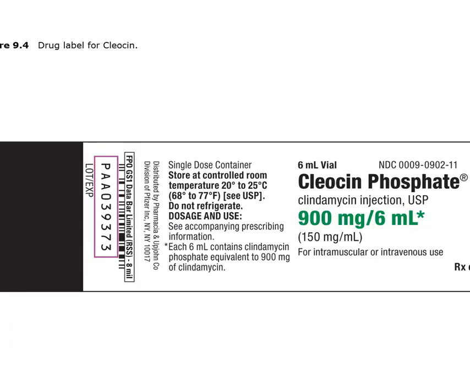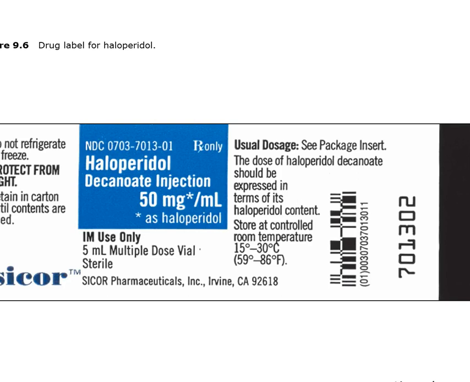Again, another drug label. I'm just going to go through these. These are just examples of drug labels, and this is really important to look at because this tells you the concentration of the medication. For instance, this one particularly is 50 milligrams per ml. It tells you the route in which you can only administer this medication. It tells you that this is a 5 milliliter multiple dose vial.